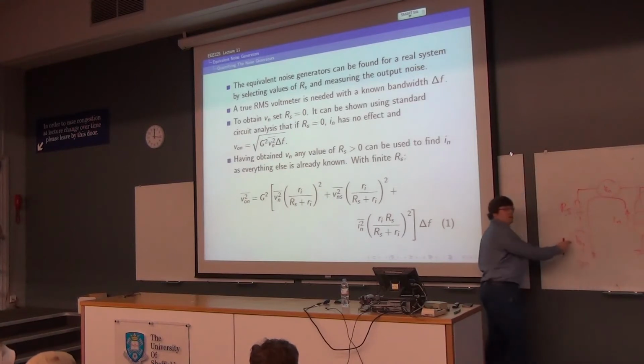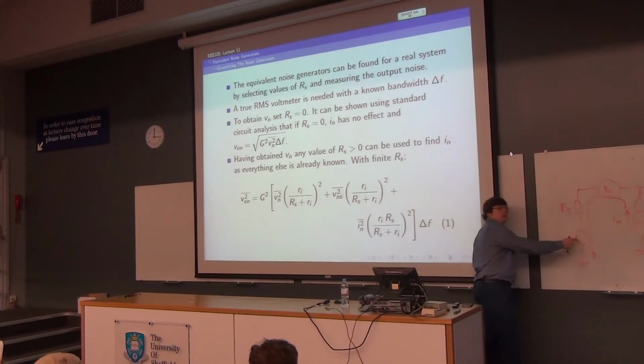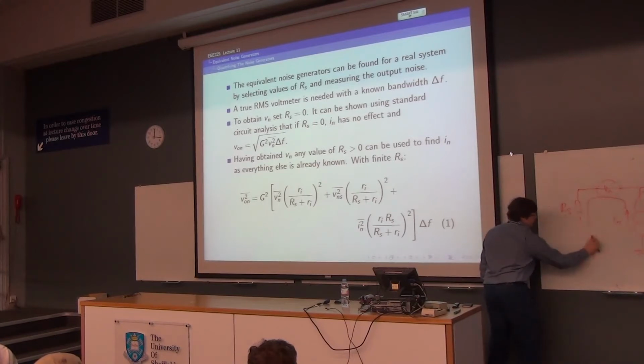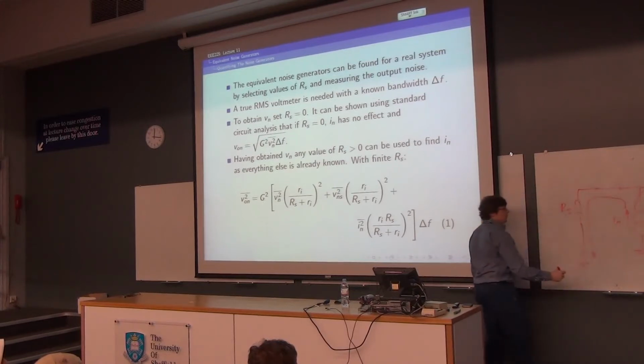It doesn't care about this source. If I only worry about this one, I switch off that one and that one, and that means they get replaced by their internal resistance. The internal resistance of this is Rs, and the internal resistance of this is 0. So that goes straight through. That essentially goes away. We're doing that, and we're just left with that connected to ground.